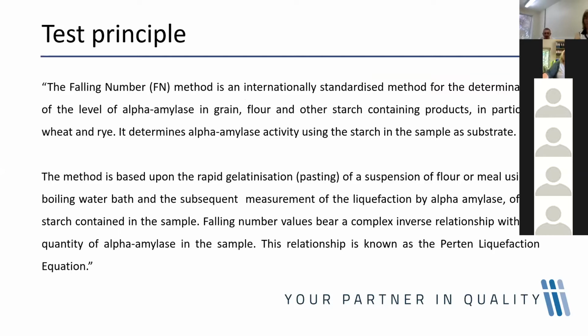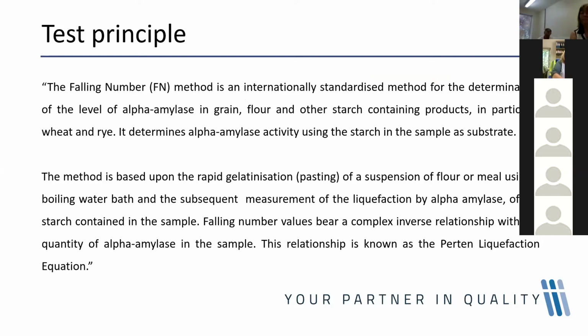So the test principle, the falling number method, is an internationally standardized method for the determination of alpha amylase in grain, flour, and other starch-containing products, most particularly wheat and rye. It determines alpha amylase activity using starch in the sample as a substrate.